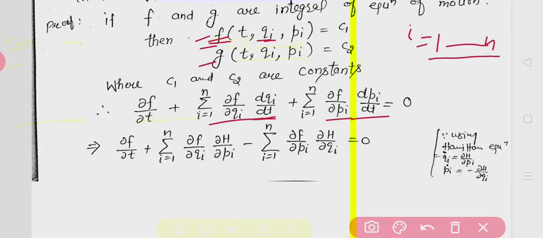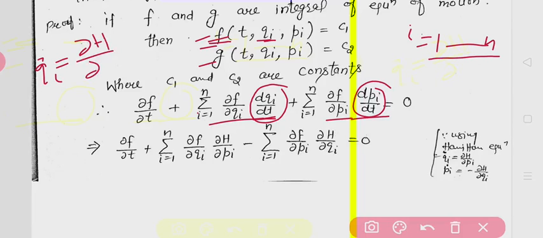Now you know that this dqi over dt is qi dot, and this is pi dot, but we know the Hamilton equations: qi dot is equal to the partial of h with respect to pi, where h is the Hamilton function of the Hamilton variables t, qi, pi, and pi dot is equal to minus the partial of h with respect to qi.